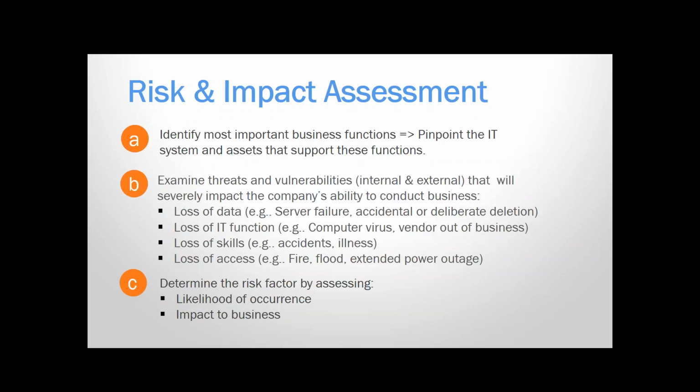You can tell them, right now we do have a disaster recovery in place, but in the worst case scenario, we may be down for up to a week. If you take that scenario to a business unit, they may be surprised and say, hey, I thought the computer system could be backed up in no time. So there may be gaps in there, and use that information as the starting point to build your business case.